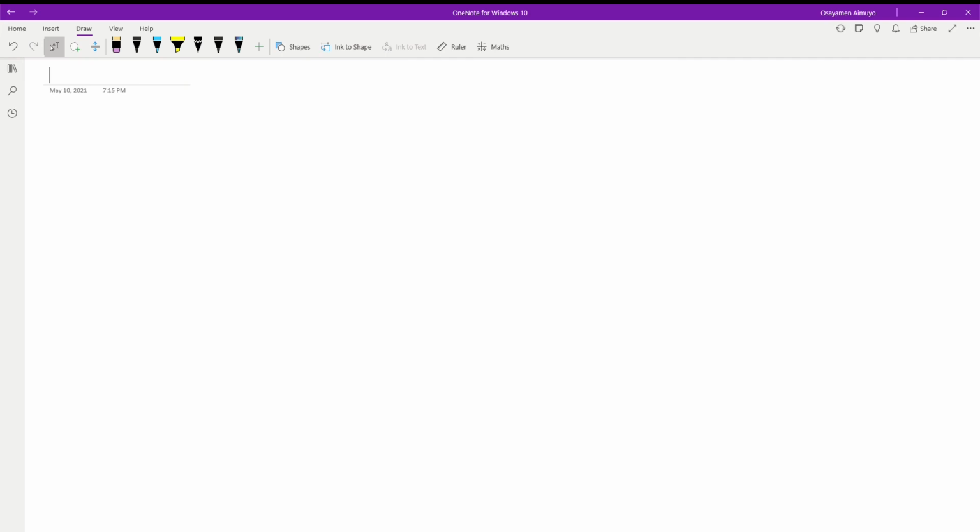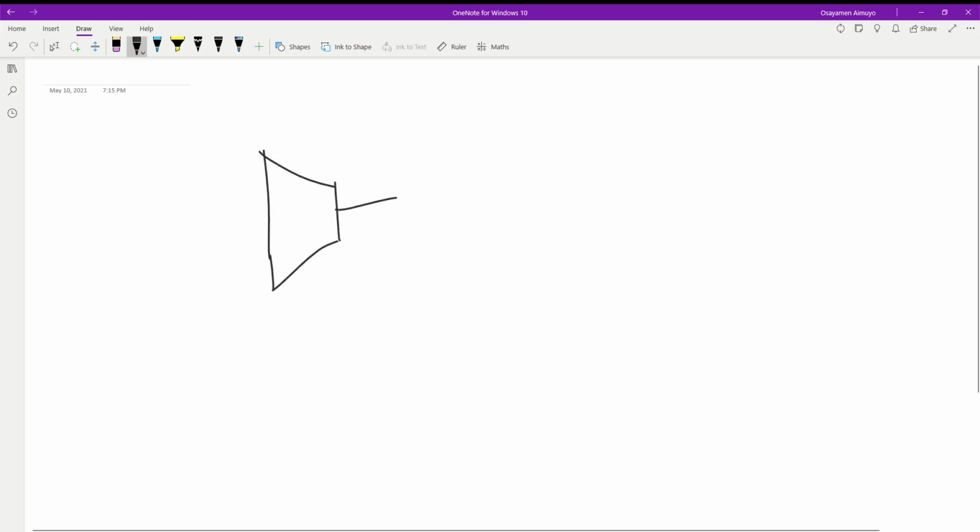So, multiplexers. Multiplexers are usually represented by this symbol. And so you have inputs, you have select lines.